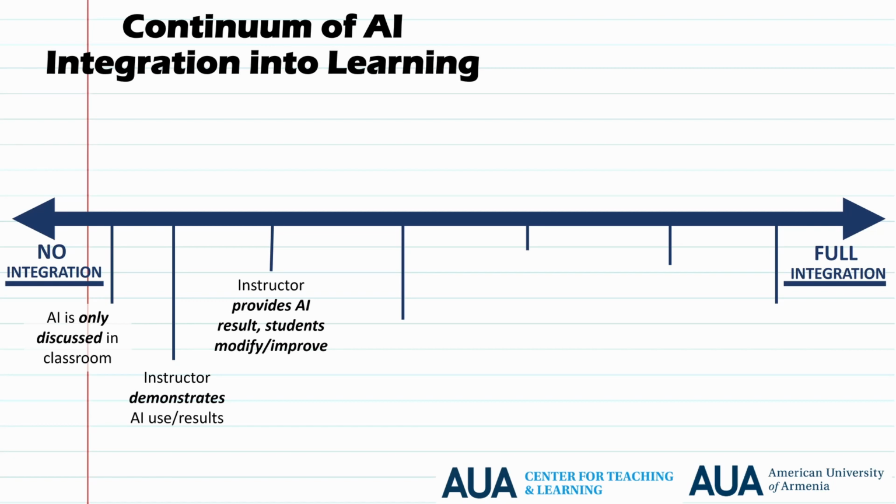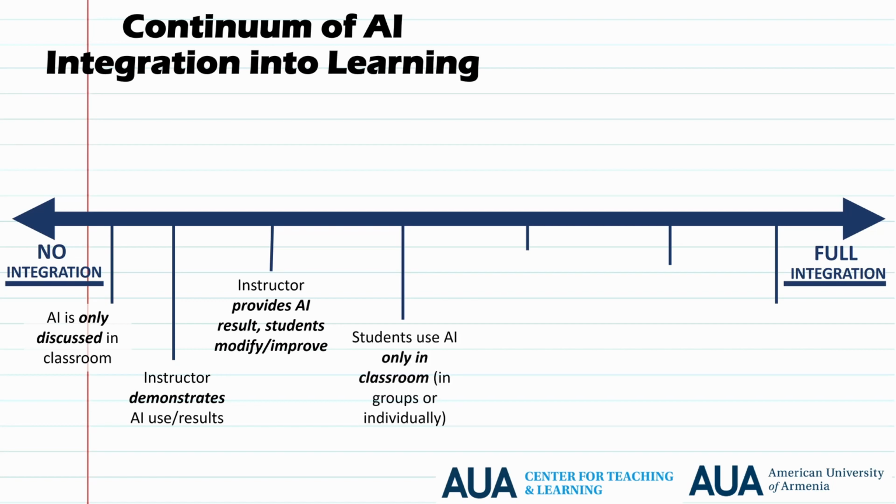They have to work to improve what the AI came up with as far as its results. Now they can see what the AI can do, what it's capable of, and they can also identify some areas where it can be enhanced, personalized, or modified. So this is one way that AI could be used, but not necessarily at a high level. This is still in the lower integration level.